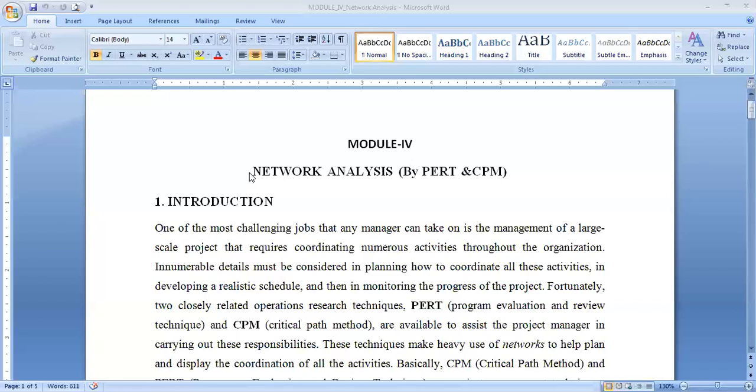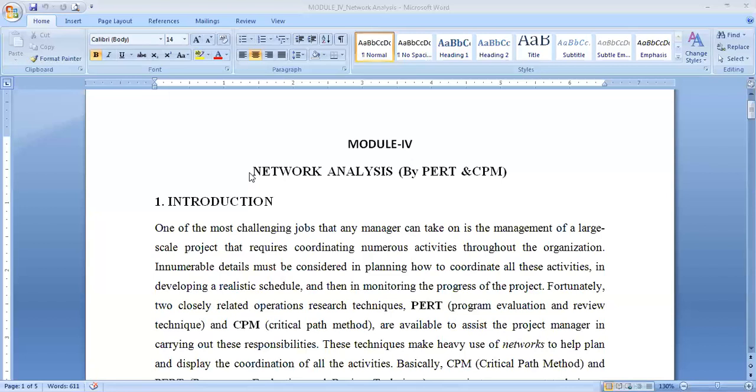And in such a case, coordination is one of the most important tasks that a project manager has to perform. Here, coordinating all the things, making a systematic plan, executing all the activities associated with that project, providing the resources timely and completing the project on a scheduled time. So this is a very challenging job for the project manager because it is unique in its nature and everything has to be coordinated.